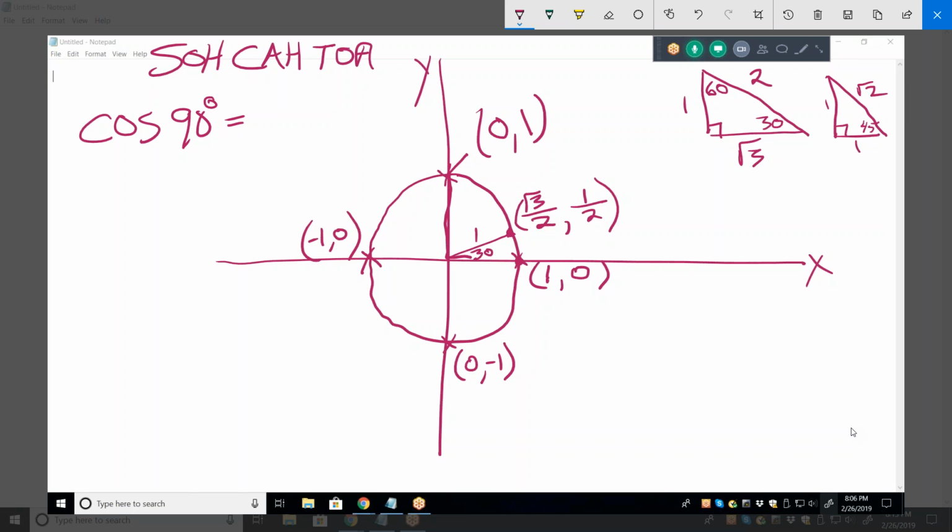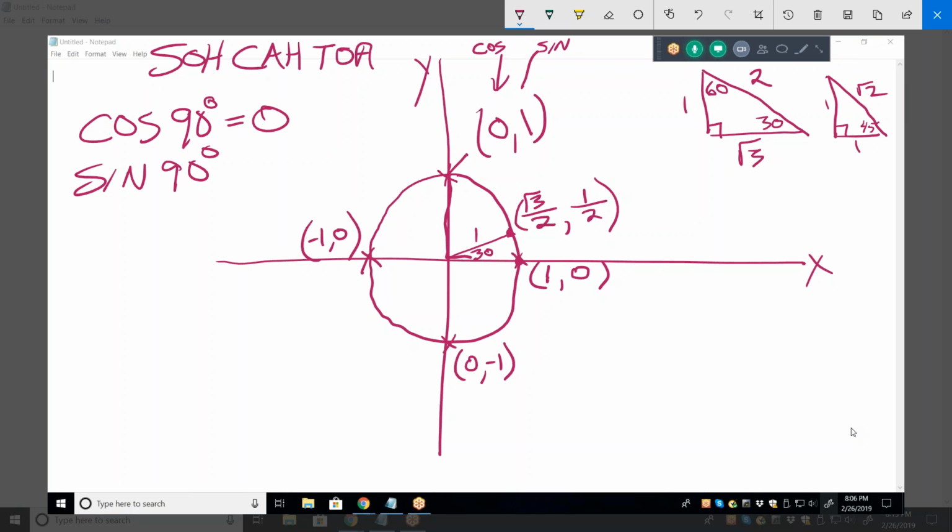Remember, the first number is cosine and the second number is sine. So what's the cosine of 90 degrees? Read your xy coordinate. 0. What's the sine of 90 degrees? 1.